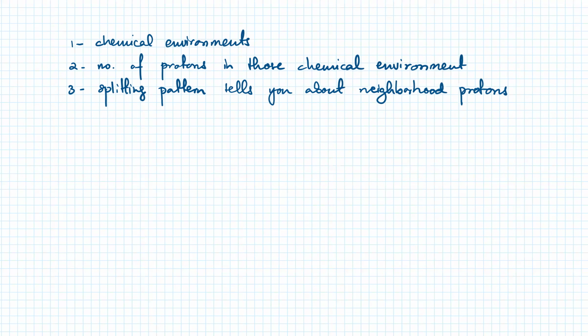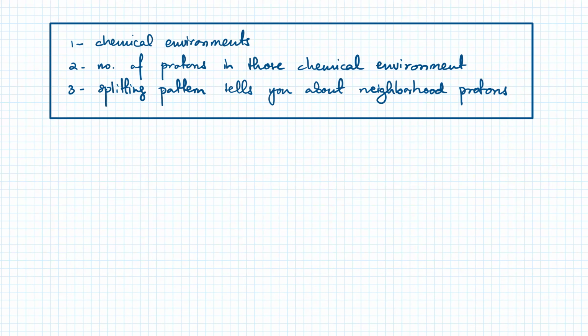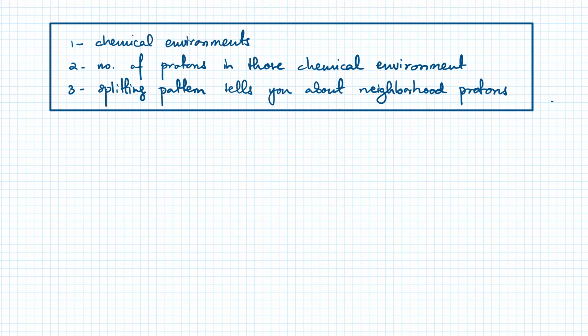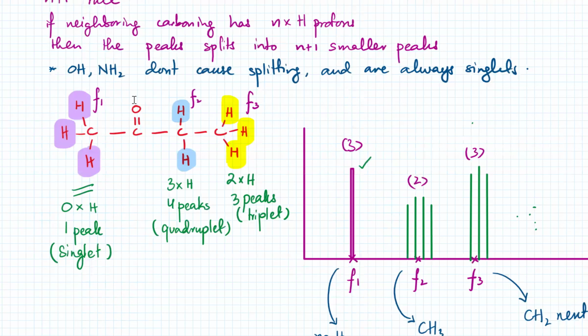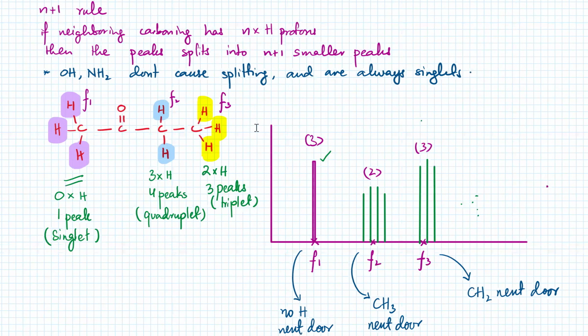So there were three things that you were able to figure out when you look at a nuclear magnetic resonance spectrum. It will tell you the number of protons: three in this, two in this. The relative heights are going to tell you the number of protons.